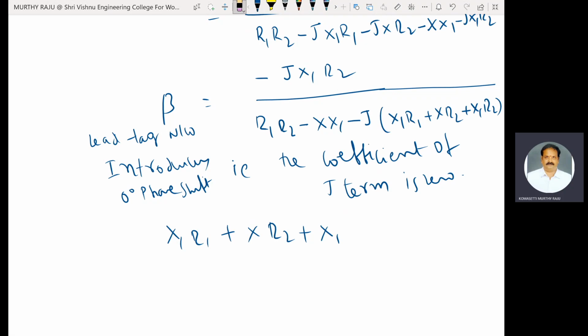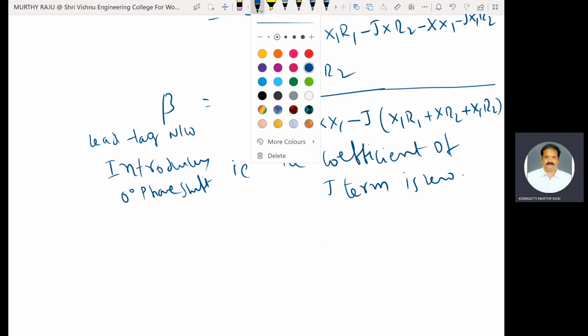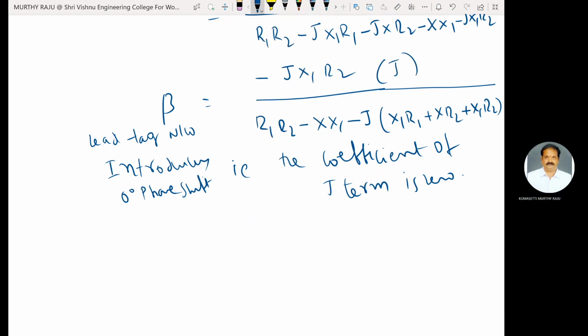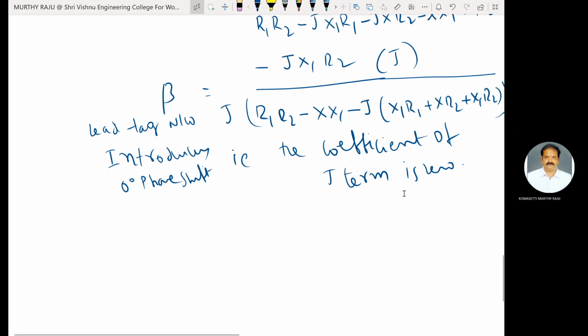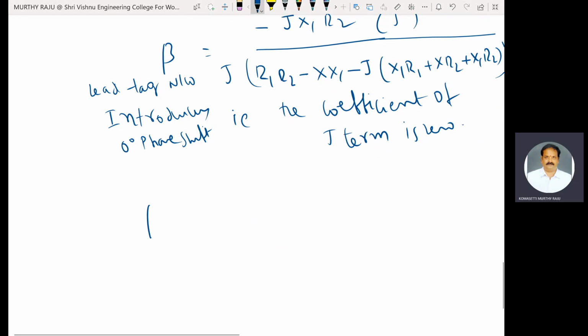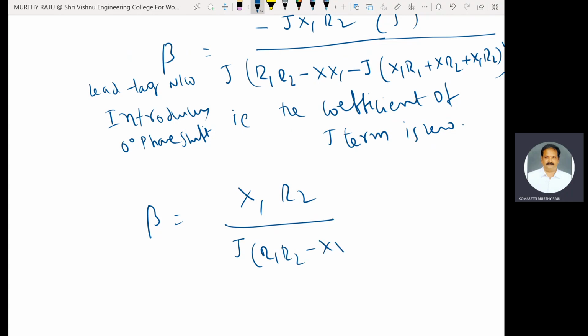One more correction here: the numerator and the denominator are multiplied with the J term, the entire term. After that, J is equal to 0. J into J square is minus into minus plus, that is x1 R2. This is the J term: J into R1 R2 minus x1.